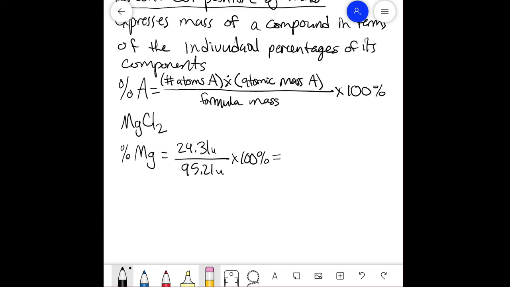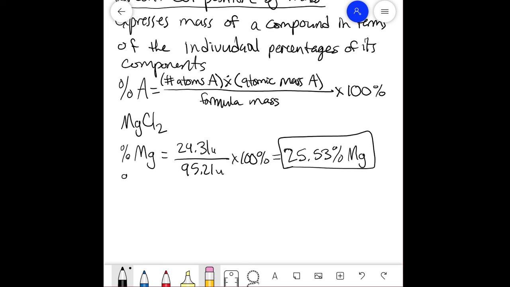Then just plug this all in the calculator, and that will give you 25. Remember sig figs, as you've seen on the OWLs. So that's the percent in this compound that magnesium takes up.